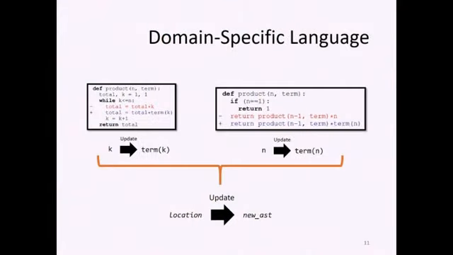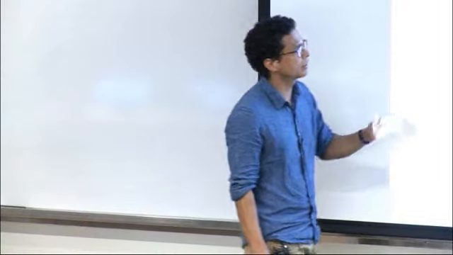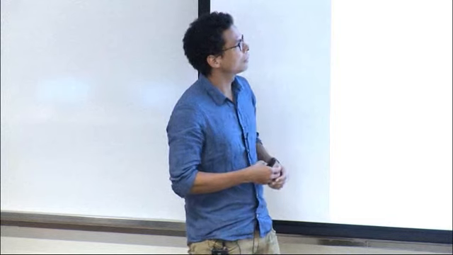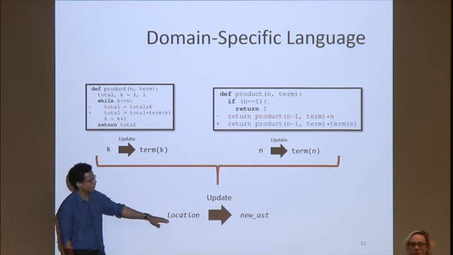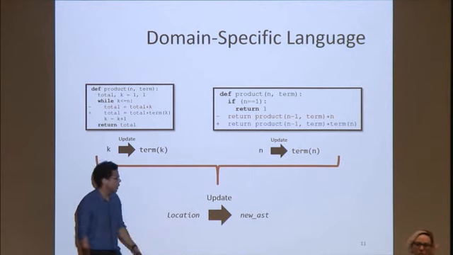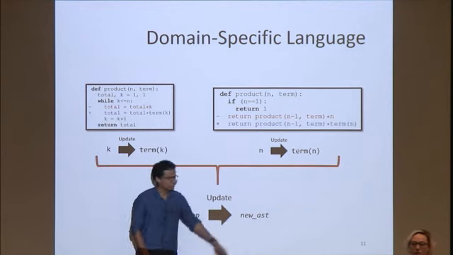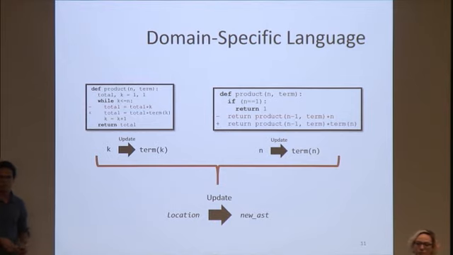So first, let me describe the domain-specific language that we have. Our idea, as I said, is to abstract 3 transformations over the AST of the program. For instance, we have an update edit where we want to learn expressions that represent locations where we want to match, and also expressions that represent the new AST that we want to build on this location.